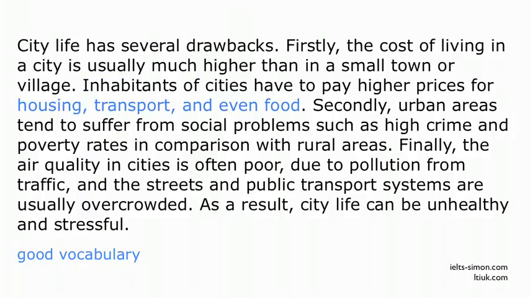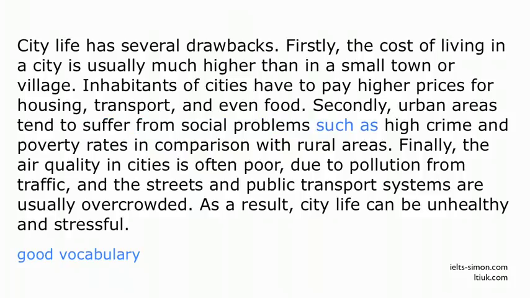In English, we like writing lists of 3 points: housing, transport, and food. Urban areas is good because I've avoided repeating cities too many times. Suffer from social problems is good language.